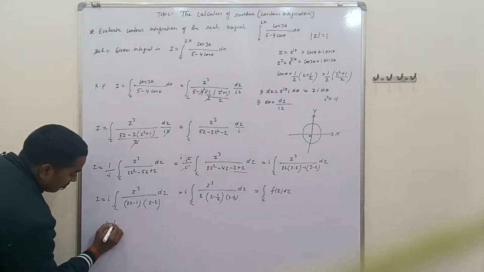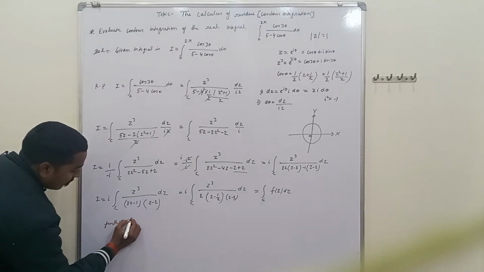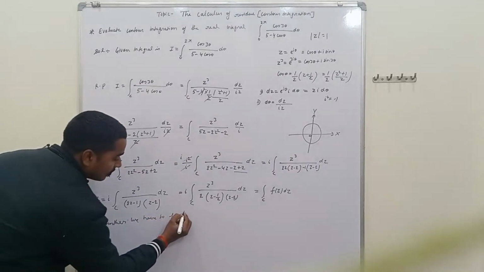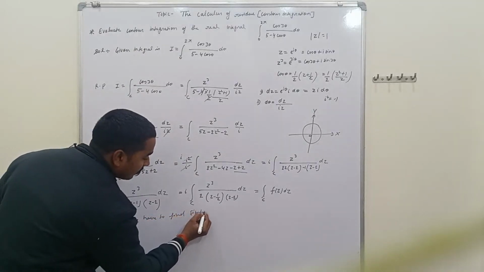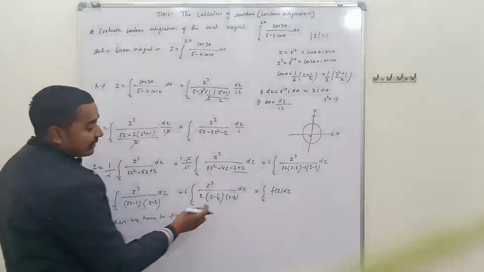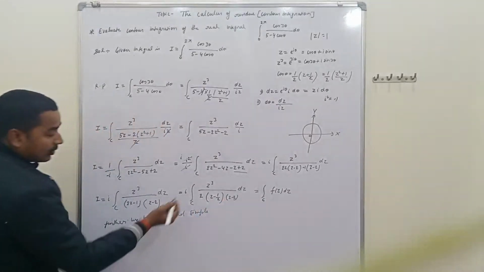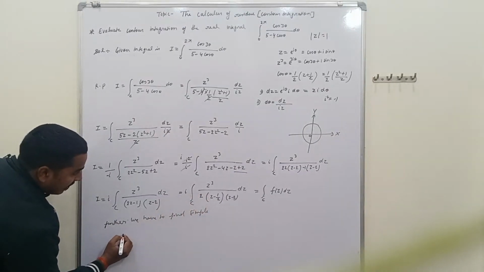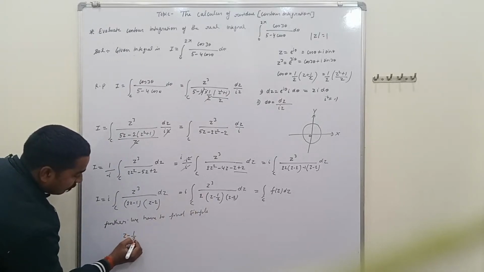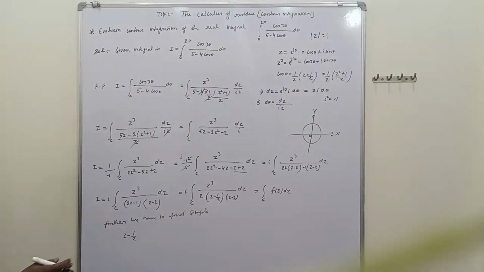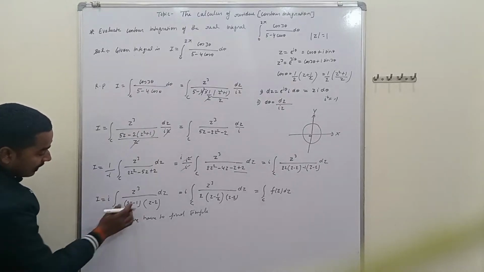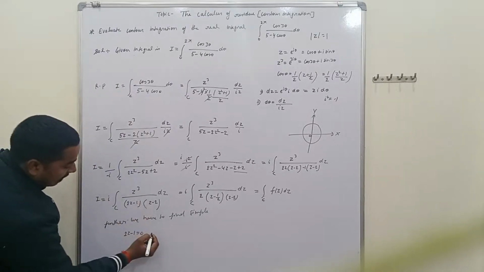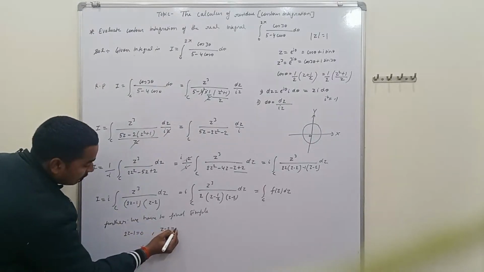We find the simple poles by equating the denominator to 0. So equating the denominator terms, z minus 1 by 2 is equal to 0, that is 2z minus 1 is equal to 0 and z minus 2 is equal to 0.